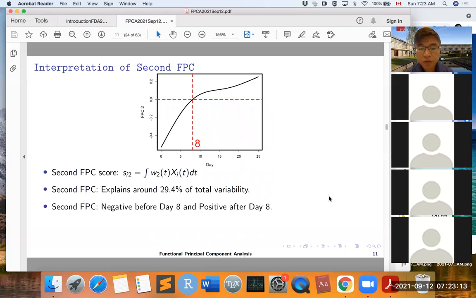Recall that the first FPC is positive over all the 25 days, right? Again, I find it is easier to interpret the second FPC scores by looking at the formula here, how we calculate the second FPC scores.